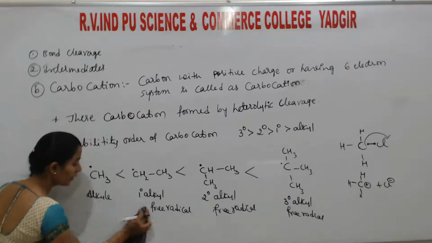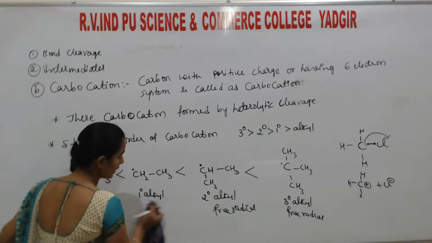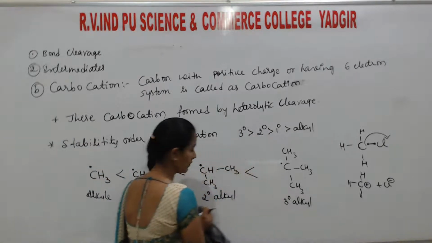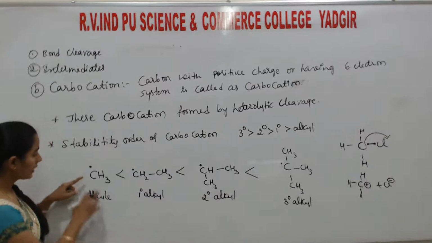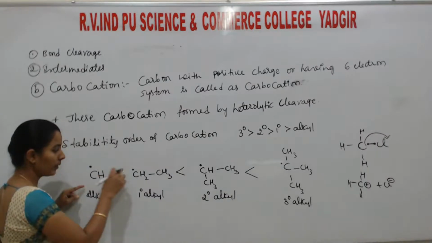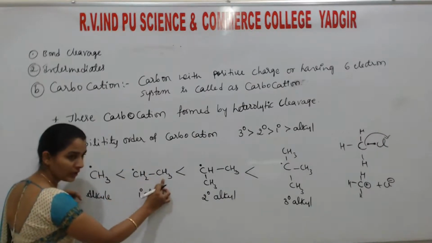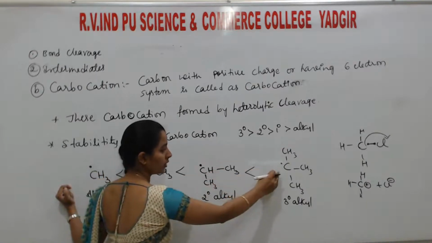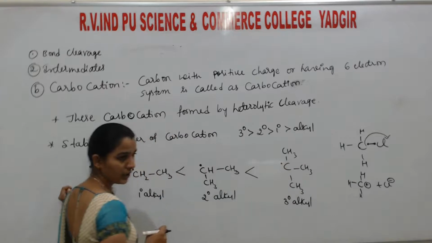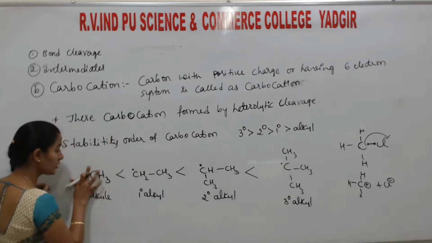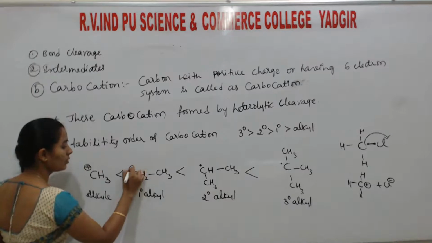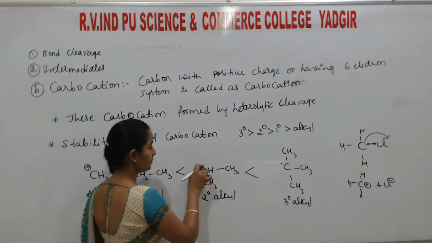So listen here. This primary, secondary, and tertiary remain the same here. Alkyl means carbon with only one carbon. Primary means carbon with another carbon. Secondary means carbon with another 2 carbon. Tertiary means carbon with another 3 carbon. But here the only thing that changes is, instead of free radical, it becomes carbocation.